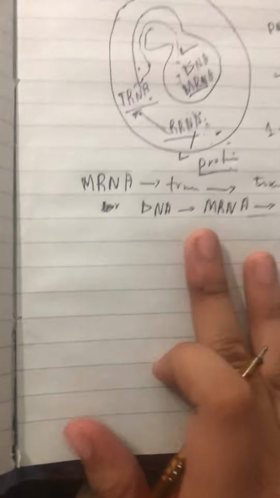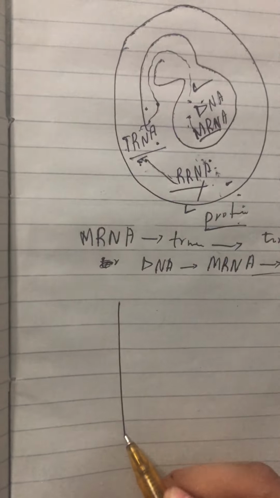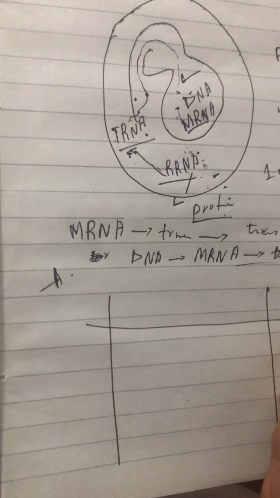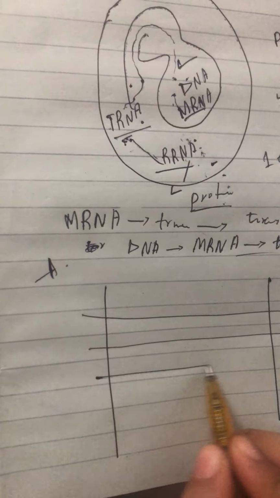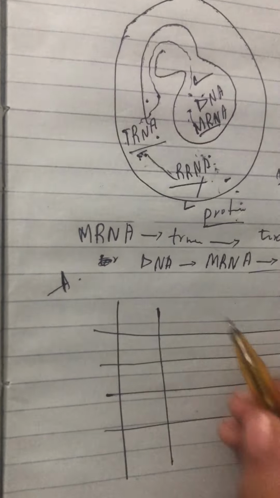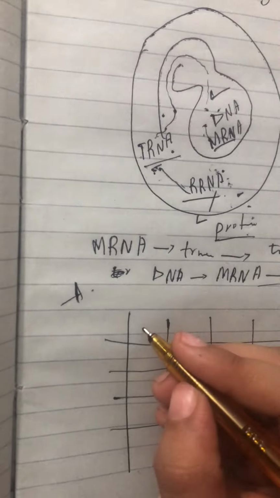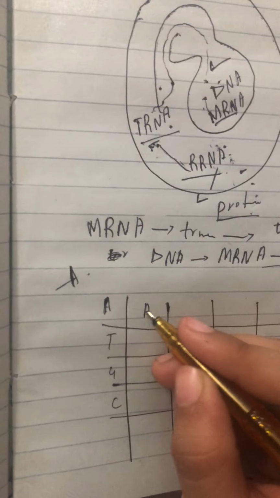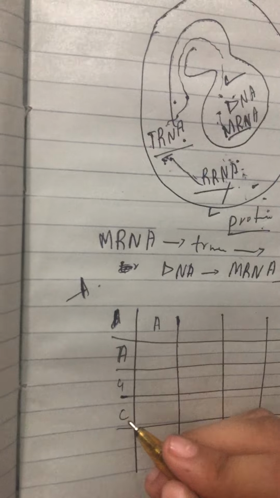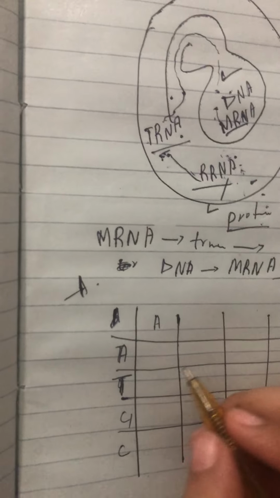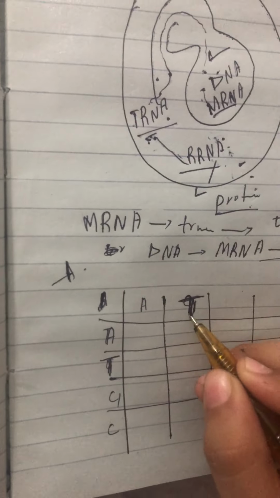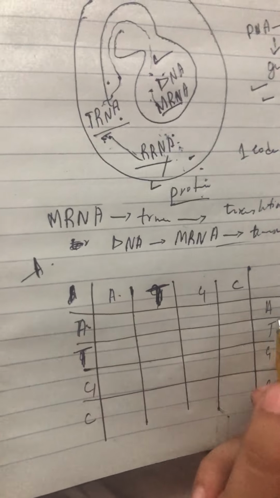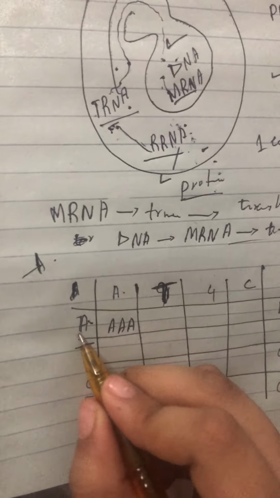How? I will make one code here. I am making code of the adenine first. So A and A. Adenine, thymine, adenine.